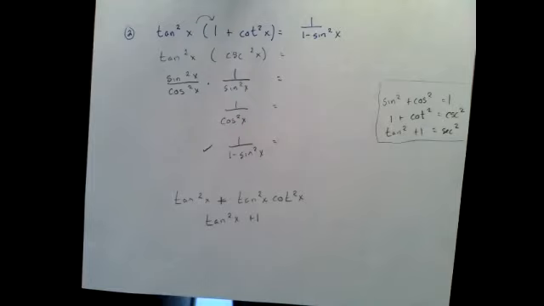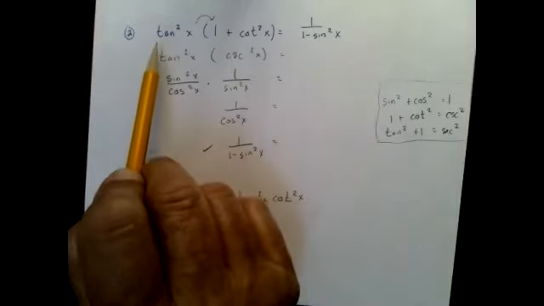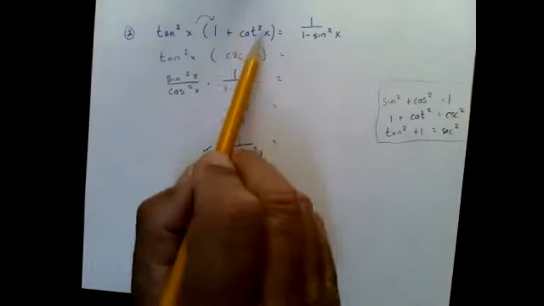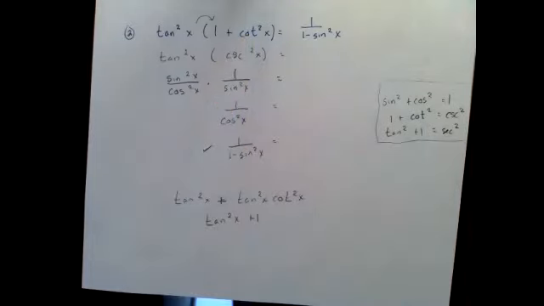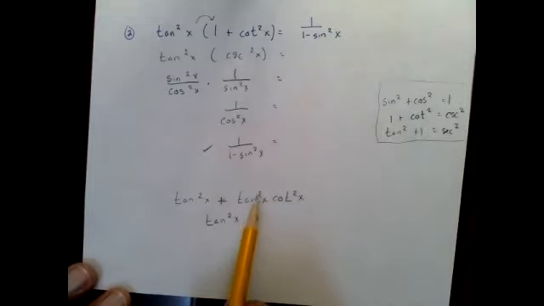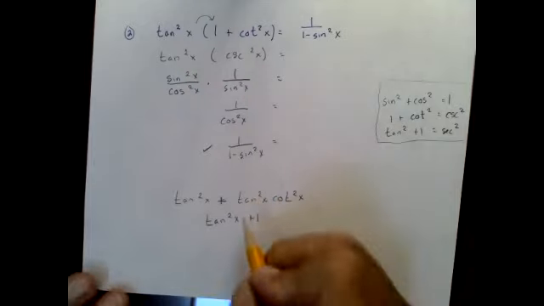Absolutely. A lot of folks will quickly change this into sines and cosines to start. That could be another direction to go. If we distribute and you recognize this is sine over cosine, this is cosine over sine, lots of canceling, I get plus 1.